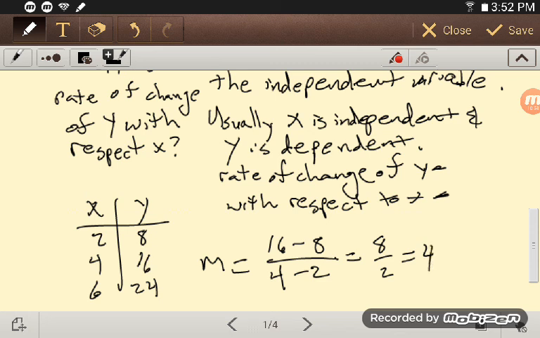So that's tabular for the easier cases. Now I'll stop this video and we will start a new one on a little more complex tabular information.